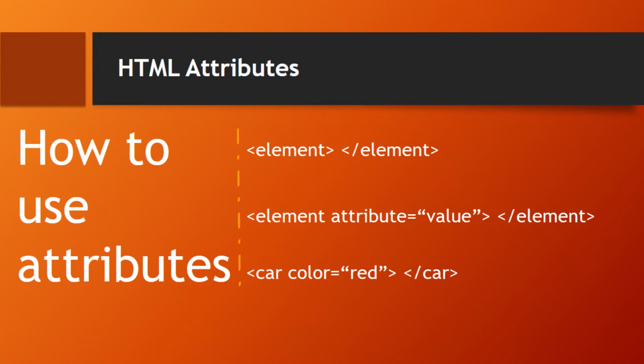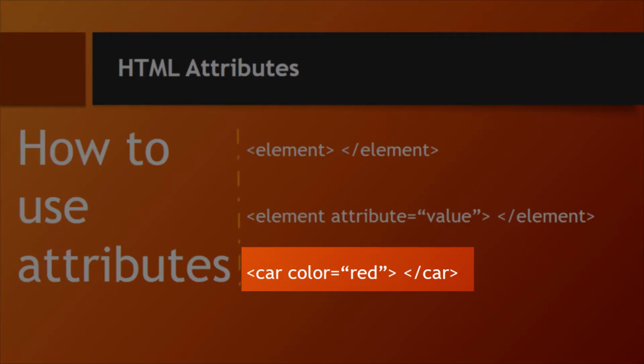As in the previous example, we saw an example of a car. For example, this is the tag for car, and consider the color attribute of the car. So we write like this, and what is the value of the color? It's red. That's why we wrote red inside the double quotes.